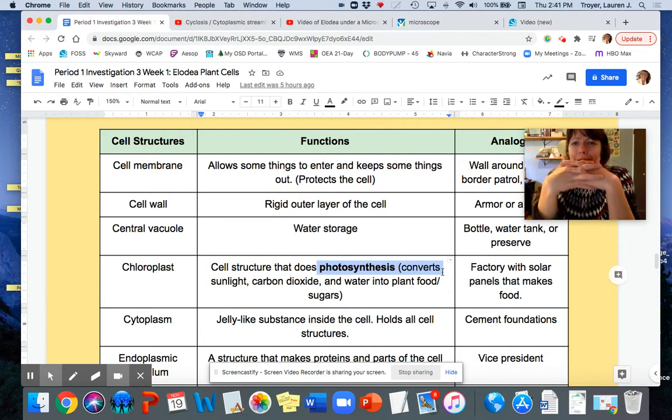So that's why photosynthesis is so incredible. They have these special little engineered structures that are able to mix up carbon dioxide and water and turn it into something that's yummy and useful.